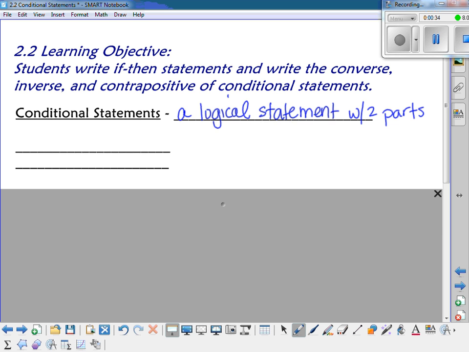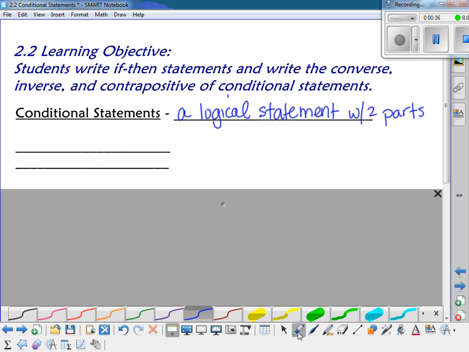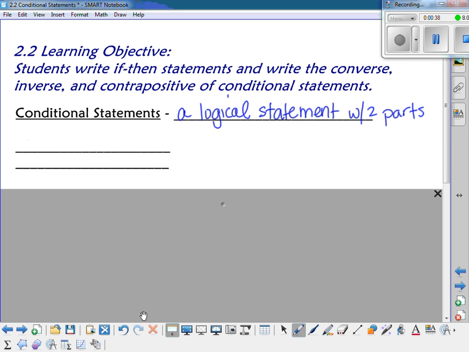Okay, so the first part is called the hypothesis, and that is the condition that has to be present. And then the second part is the conclusion.